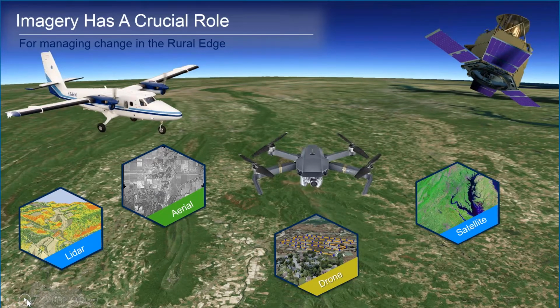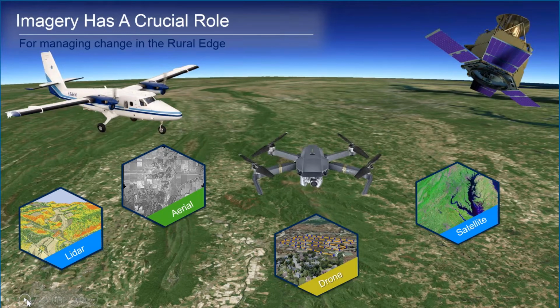So as we start to talk about imagery, it's important, I think, to understand not only that it has a crucial role, but it comes in many forms. It's an essential tool to the process. It can come in any one of many forms. There are 4 listed here, each one with strengths and weaknesses.